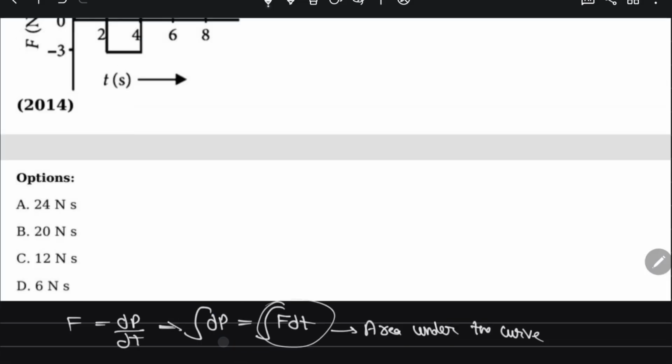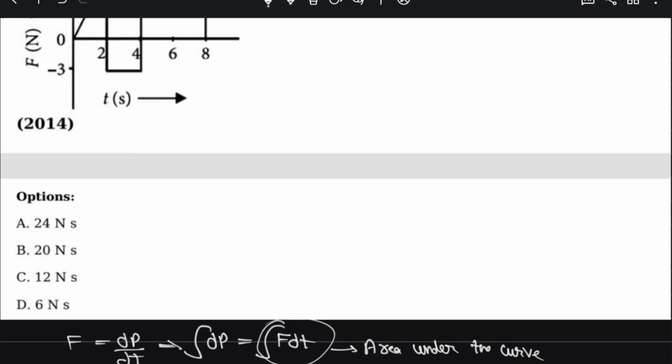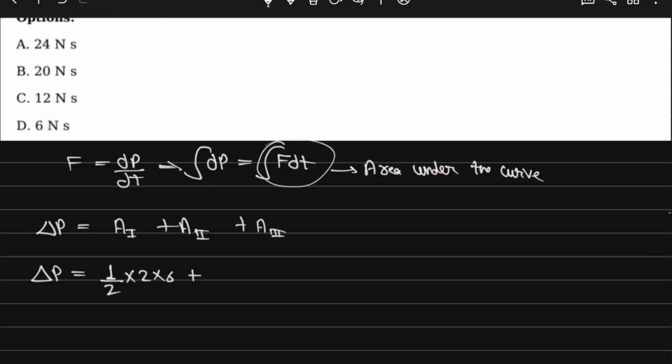Area of triangle 2 comes out to be negative: 4 minus 2 is 2, and 3 minus 0 is 3, so minus 6.